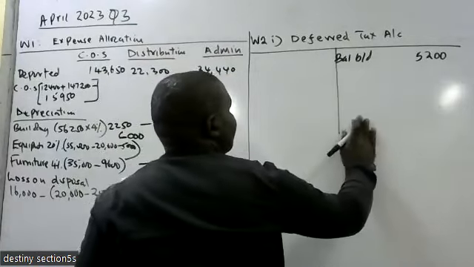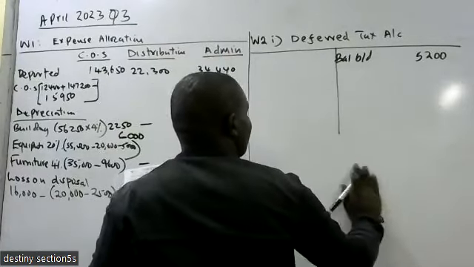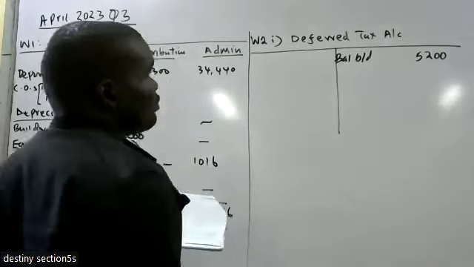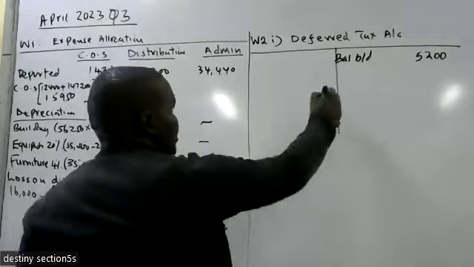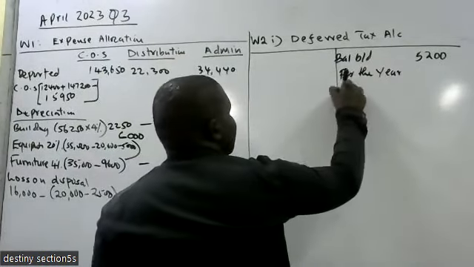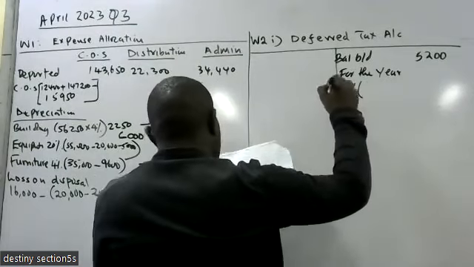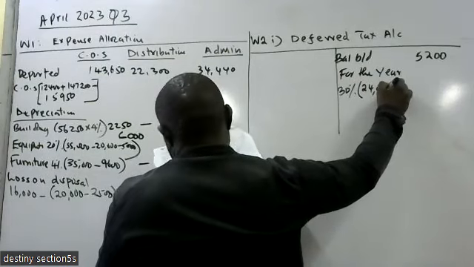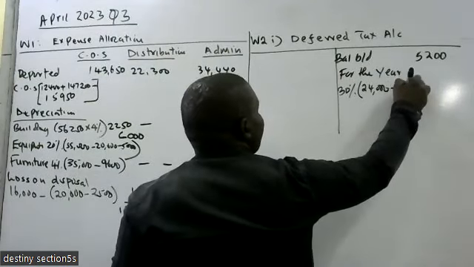For the year, you take 30% tax rate. Taxable was 24, while deductible was 10.5.